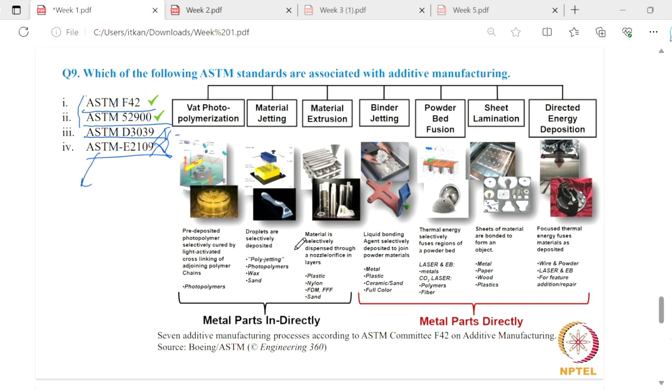We can see that the first 3 processes produce metal parts indirectly, and the others produce metal parts directly. Now we'll understand what each one is.